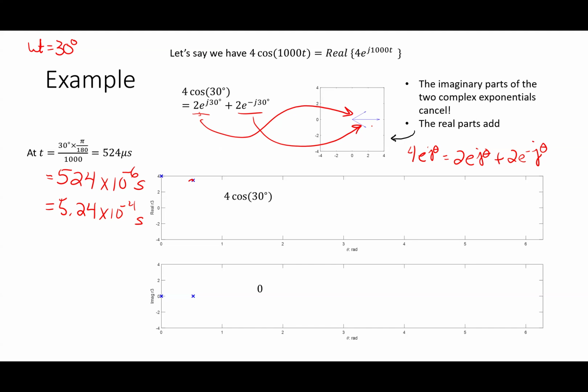So basically, what I have down here is the real and imaginary part of the sum. The imaginary part has no sum. It's 0. What's the real part? 4 cosine 30, which is 4 square root of 3 over 2.